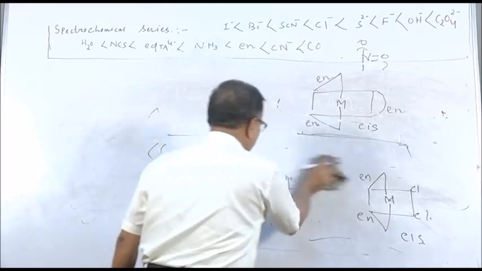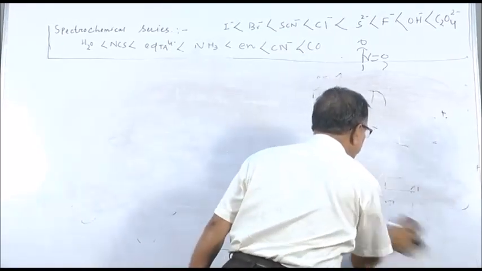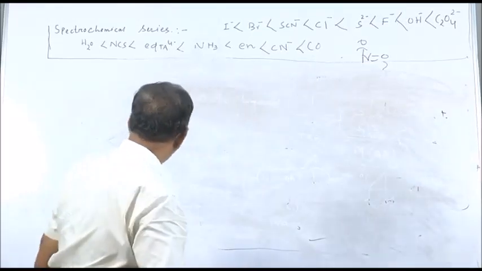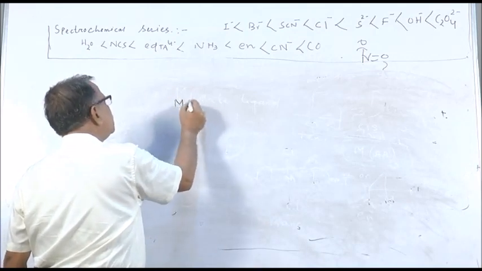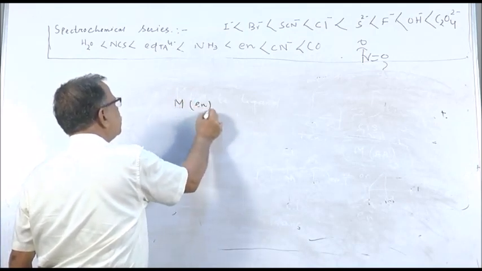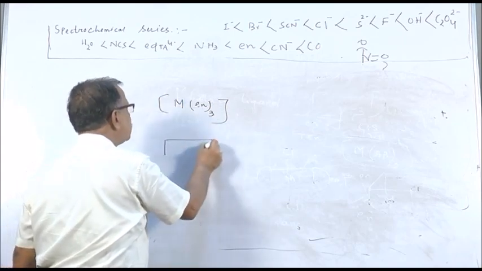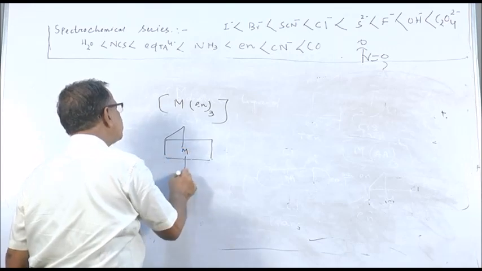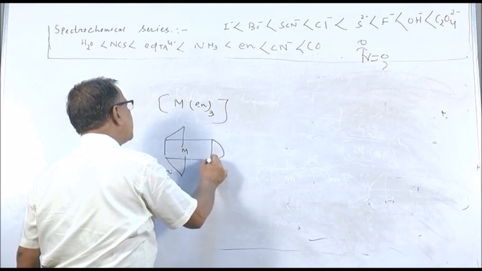Now optical isomer, which can rotate plane polarized light. We may compare this compound M(en)3. This compound we get like en, M, en, en.